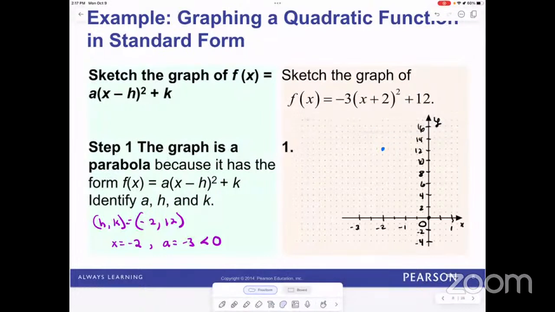Then we have our axis of symmetry. That's right, come on.